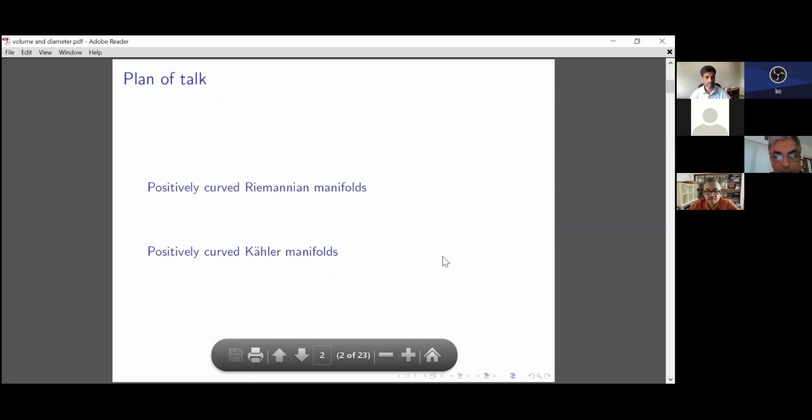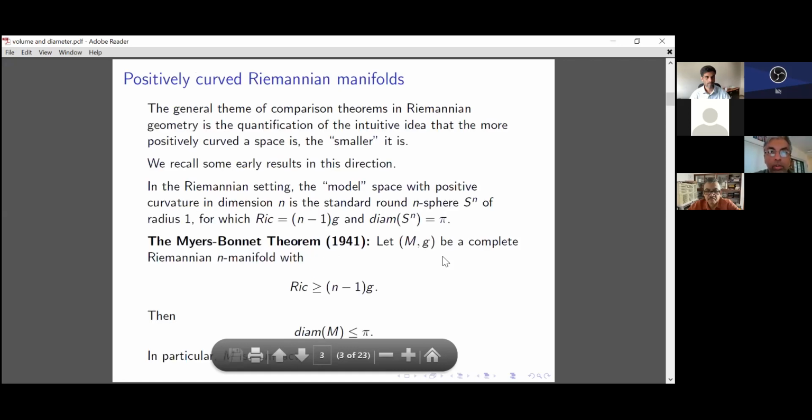Okay, so let me start. First I'll speak about classical results in the Riemannian setting, and then a bit about how these generalize, or what modifications have to be made, in the Kähler case. The general theme of comparison theorems is that the more positively curved a space is, the smaller it is in some sense.